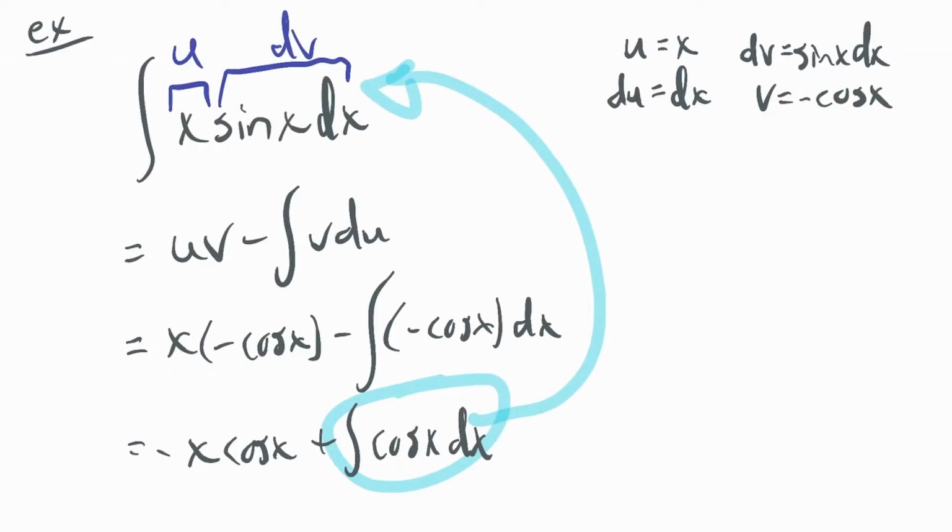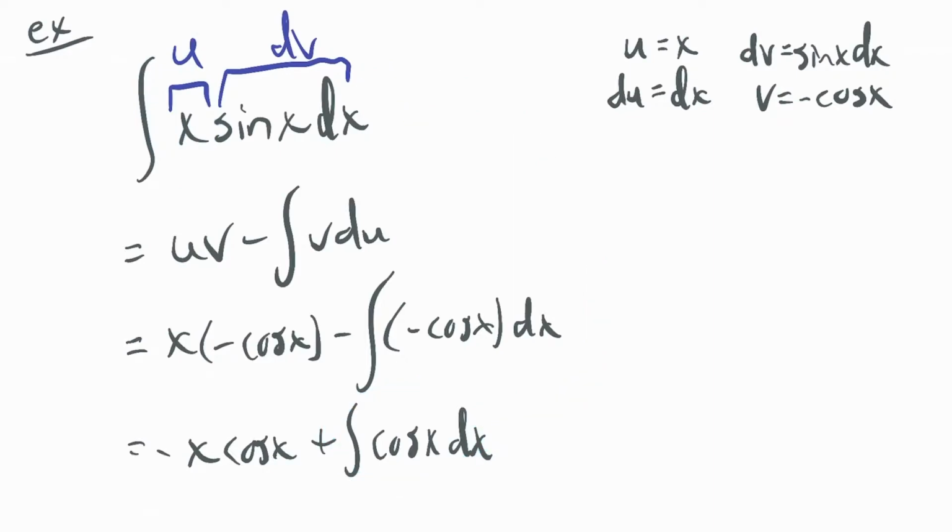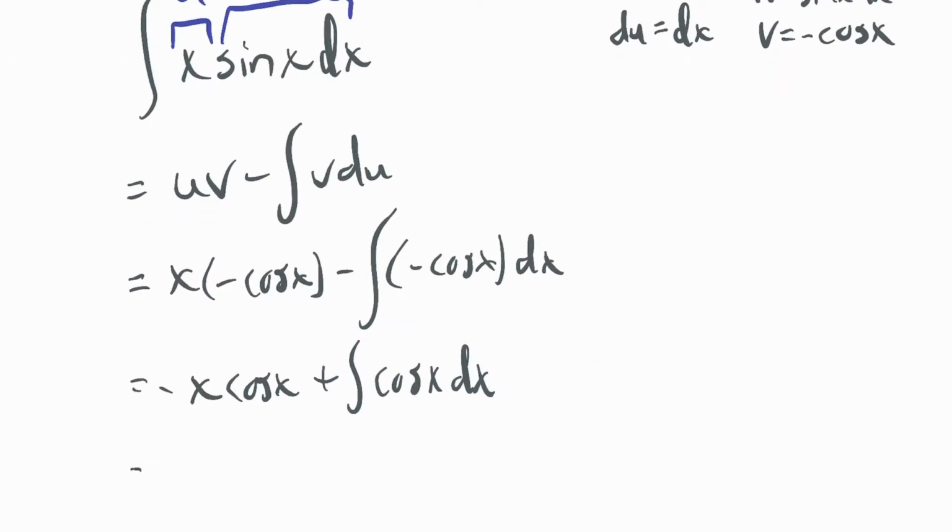There's no x there anymore. The fact that I got to get rid of this, because du is dx, so I just had the differential of the independent variable. That's the point. That's why this works. So now I can say, all right, this equals negative x cosine x plus sine x plus c.